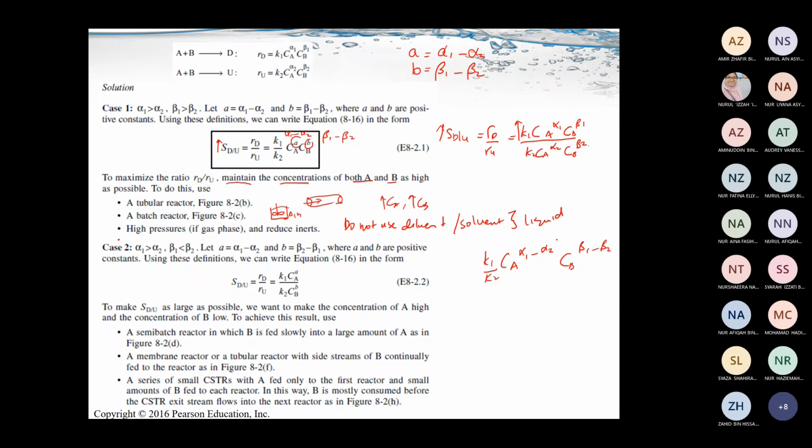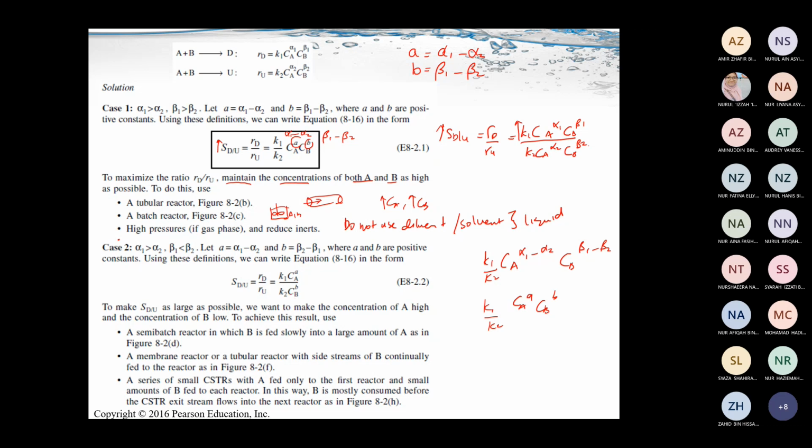Okay, so daripada sini we should know that boleh simplifikan lah, K1 over K2 CA ni CB. Alright, so which means that from here we want to make the concentration of A high and the concentration of B low.